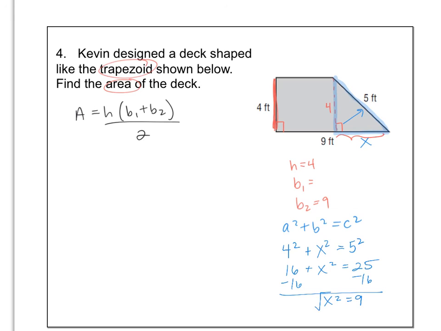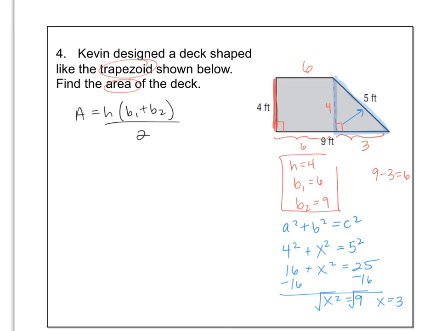Ooh, this is nice because the square root of 9 is 3. So I'm just going to erase my x. And I know now that this distance down here is 3. So 9 take away 3 is 6, which means this distance over here is 6, because they have to add up to 9, and that means the top distance is also 6. And so base 6.